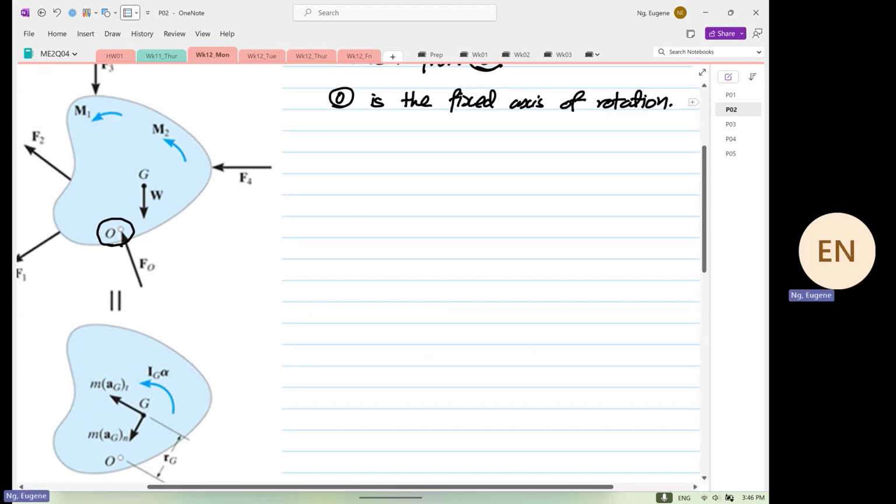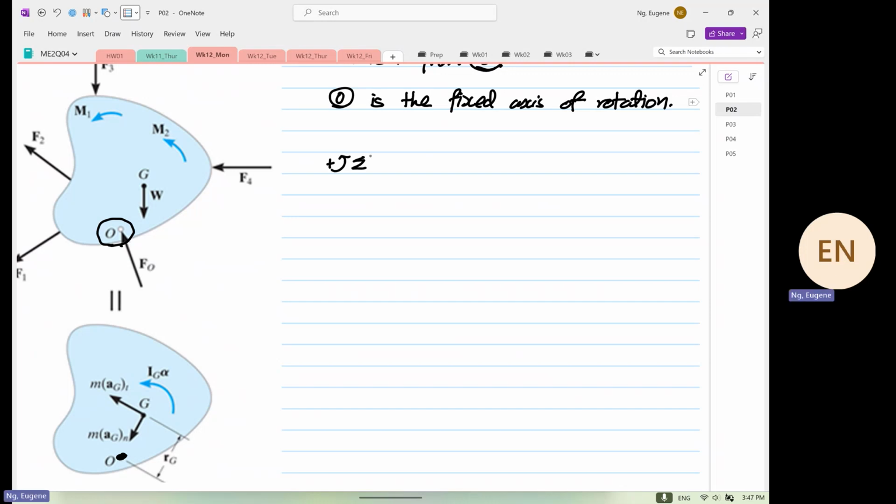Okay. So when that's the case, we're going to take moment about point O now. And then we are going to write down anything that's anti-clockwise.